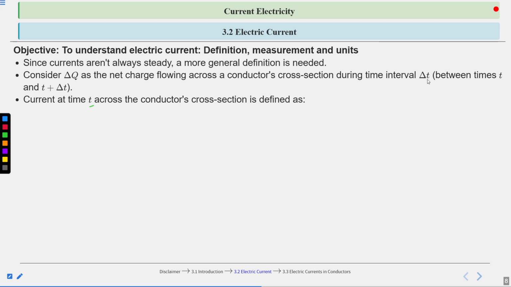If the flow of charge is steady, that is, if 2 coulomb of charge is passing at a steady rate, then in a time interval we will find a steady current.